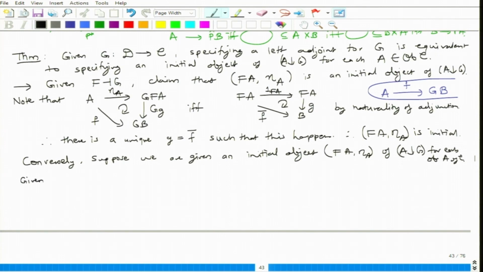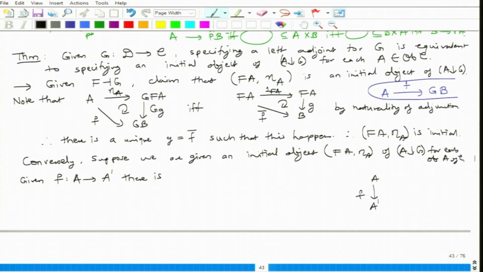Now given F from A to A prime, let me first draw the diagram, then you will understand what I am saying. So F is a morphism from A to A prime, so I can draw it from A to A prime.